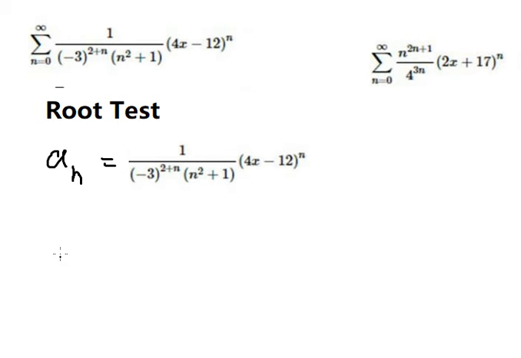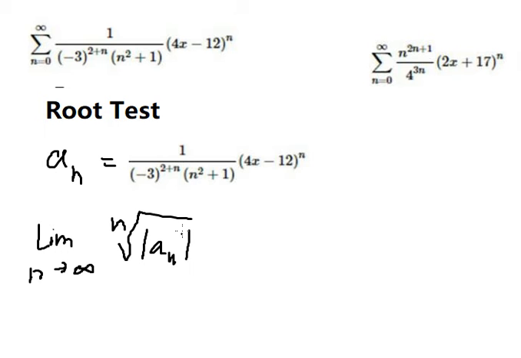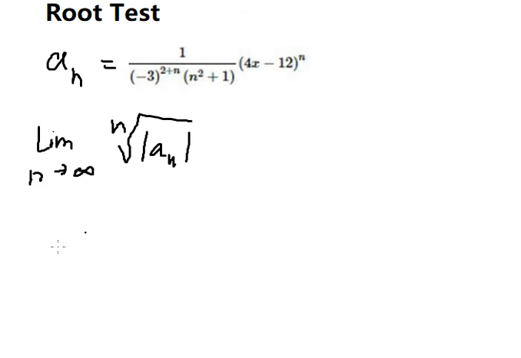We need to use the limit as n approaches positive infinity, and we have the nth root. We put a_n inside here. Because this one always provides a positive number, since we have the absolute value, this one will be a positive number.